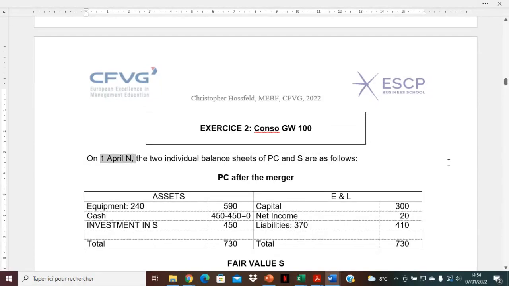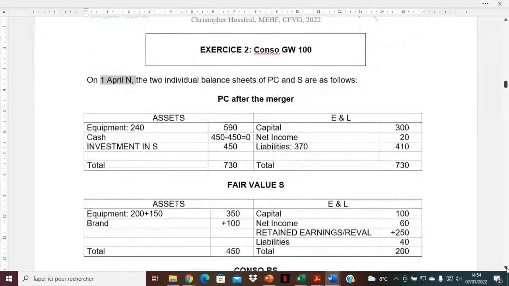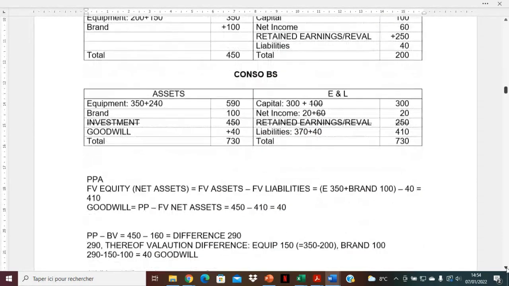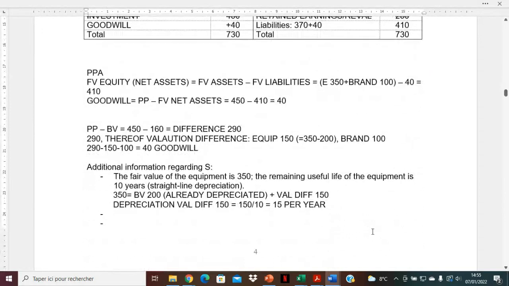So for the first year, I do not depreciate for a full year. I depreciate only for 9 months because I bought the equipment in April, so the depreciation is only for 9 months out of 12.